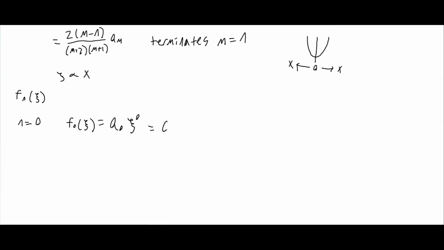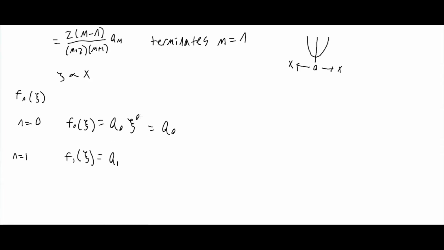And so this will just end, xi to the 0th is just 1, so we end up with a sub naught. And if we have n equals 1, what we end up with, f sub 1 of xi is going to be equal to a sub 1.